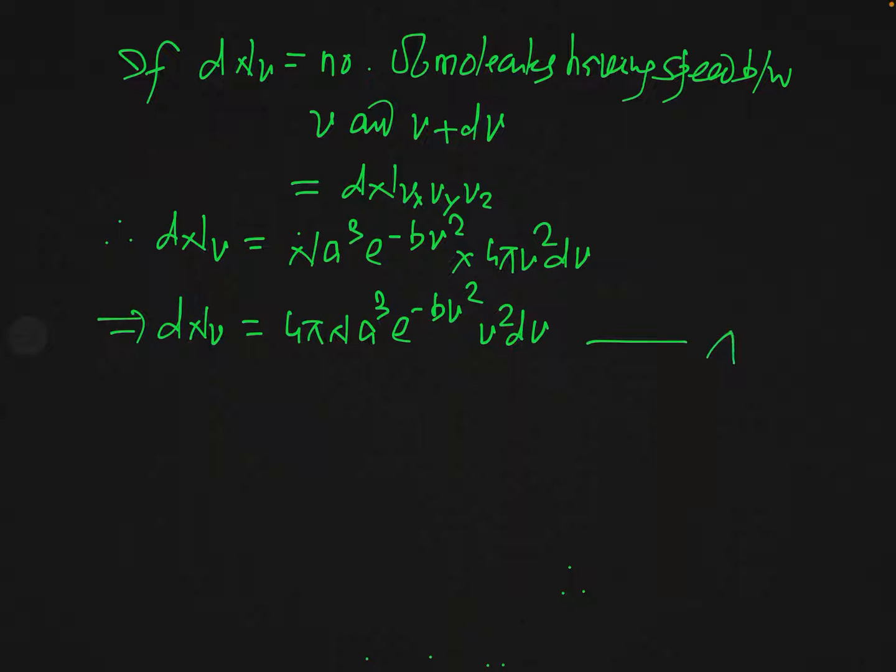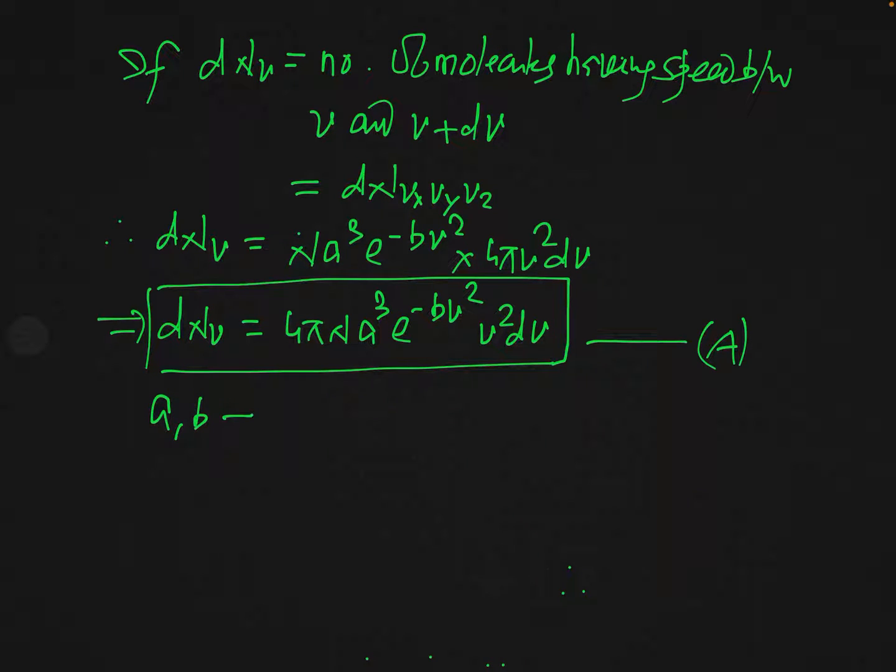So actually this is the Maxwell's distribution law for molecular speed. This is the molecular speed distribution law. But you can see in this equation, actually there are two unknown constants, a and b.